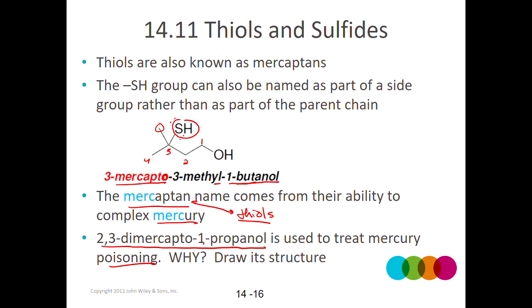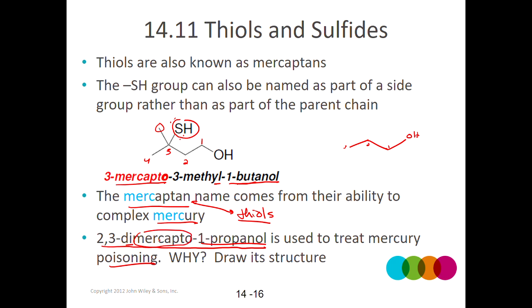So I would start with the parent name, 1-propanol. So this would be carbon 1, 2, 3. 1-propanol, there's an OH on carbon 1. And on 2 and 3, there's a di-mercapto.